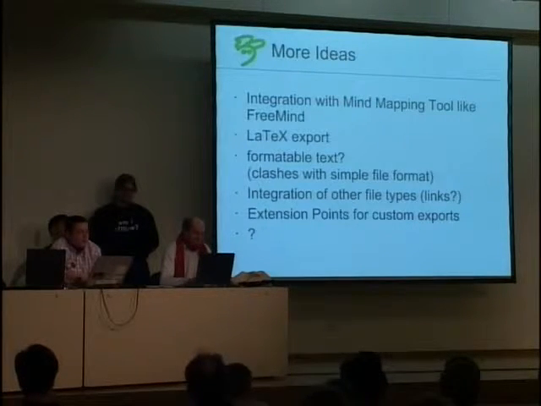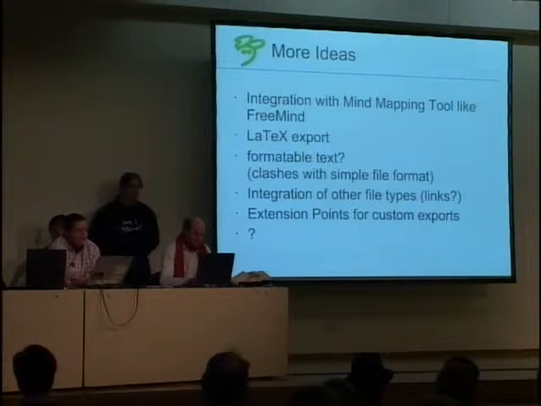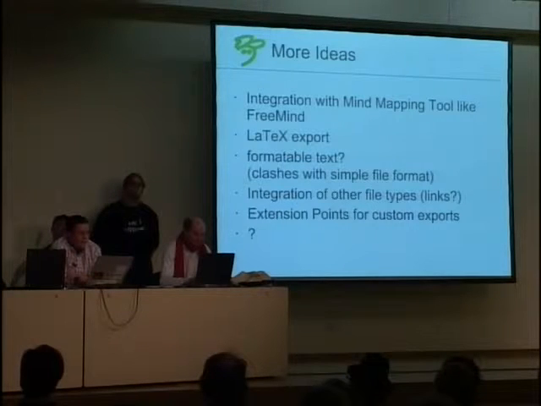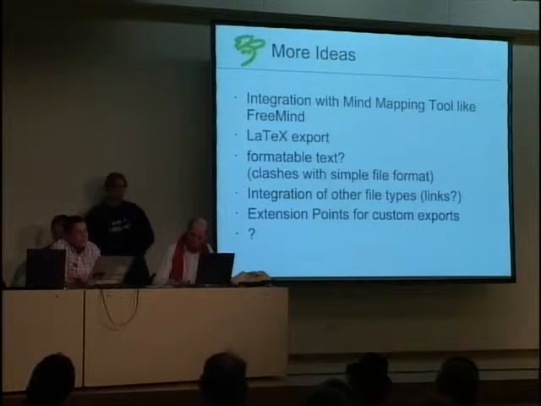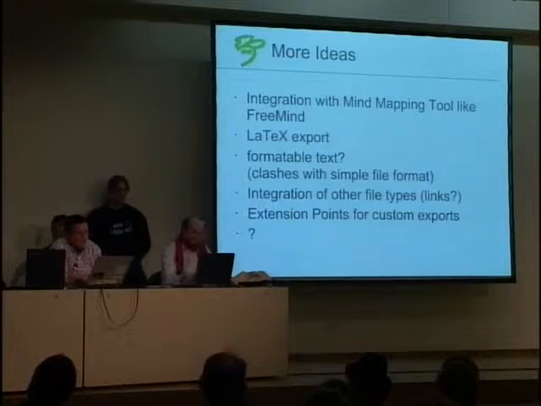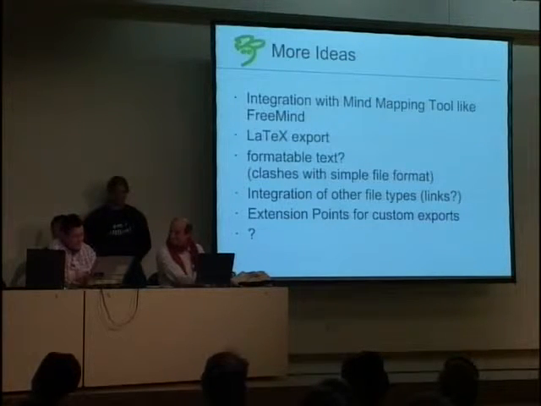LaTeX export. I'm thinking about formatable text, but it clashes with the simple file format, even if you just put HTML in there. It's not as easy to edit. Possibly integration of other file types, pictures, etc. with links, and it is very easy with Eclipse to do extension points for custom exports, so it's easy to write an export with some Java classes.